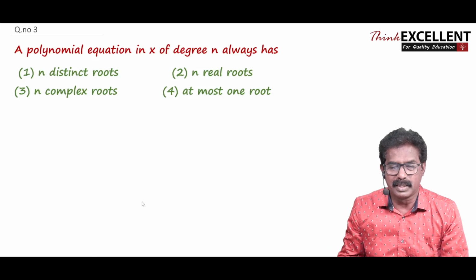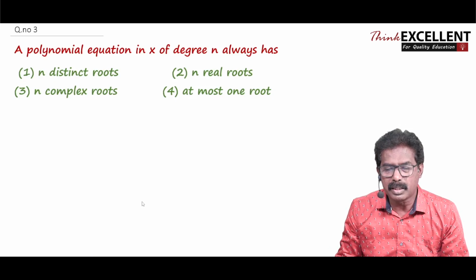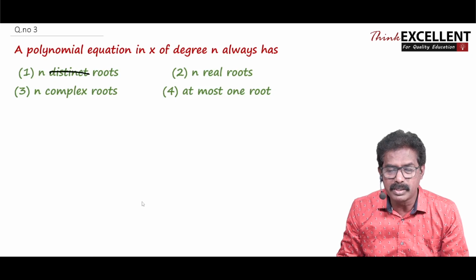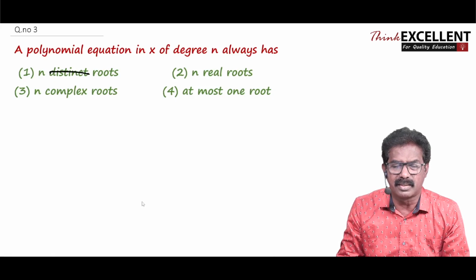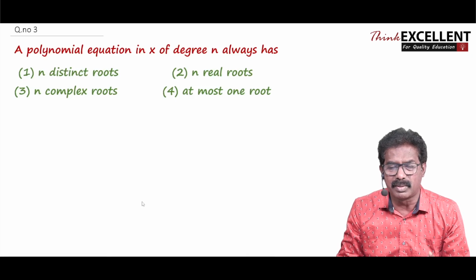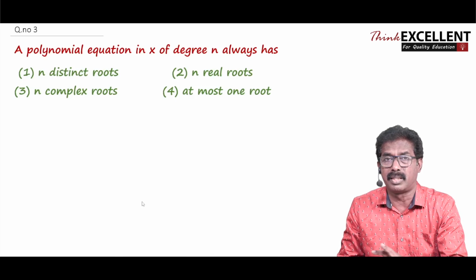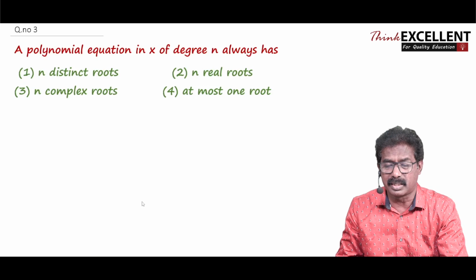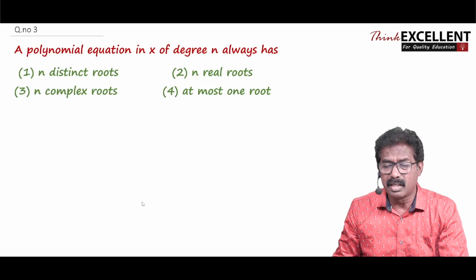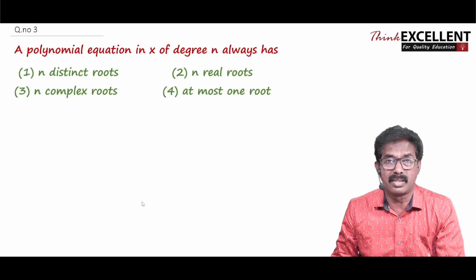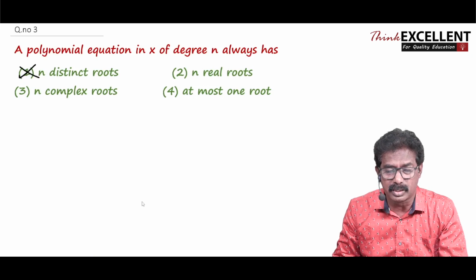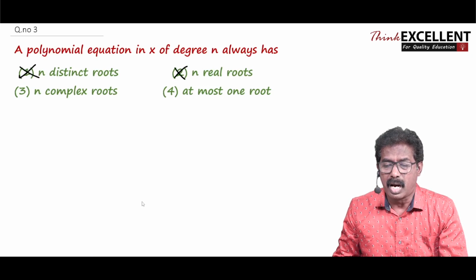Okay, so please listen here. A polynomial equation in x of degree n has n roots, it is correct. But n distinct need not be. Some roots may even be equal, right? Distinct, we cannot take that as the answer. N real roots, we cannot say. Some roots may even be imaginary.